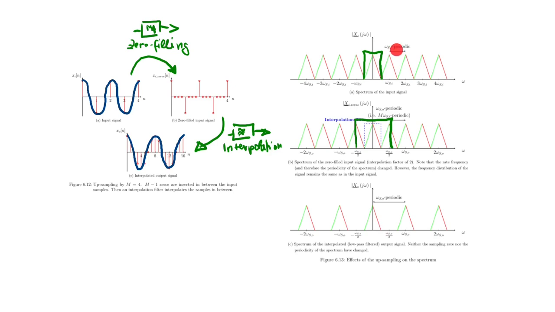So from this spectrum to this, the periodicity was changed because the sampling frequency changed, but the periodicity does not change between these two steps. What happens here is just applying this filter to get this signal. And this is our reconstructed signal at the output.